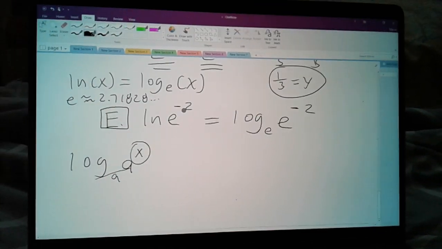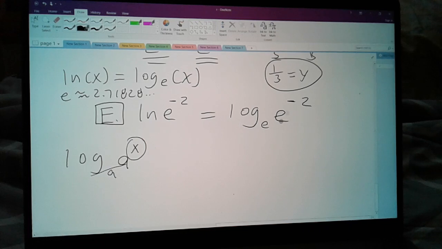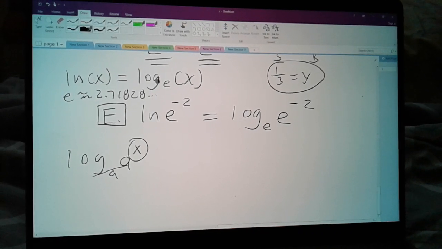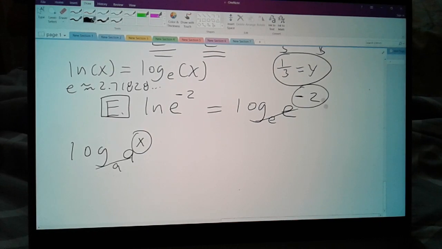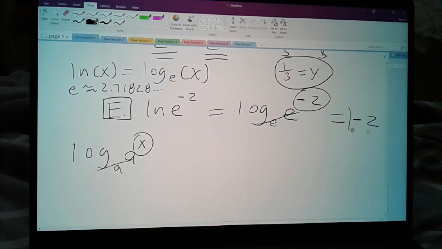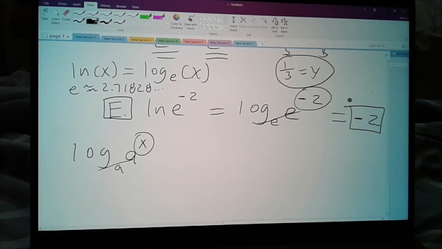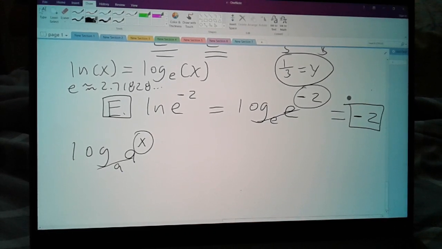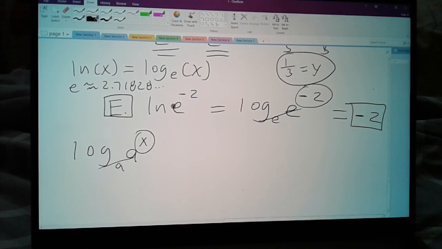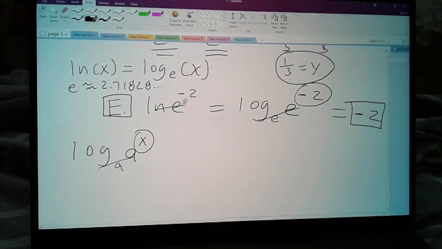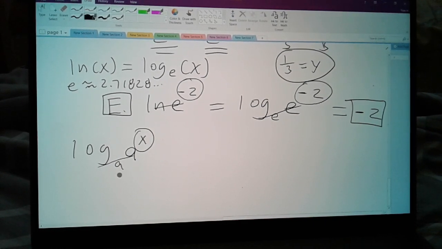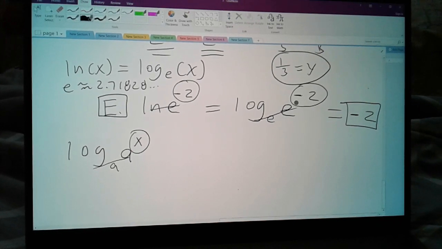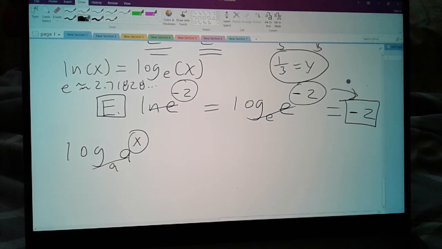So ln of e to the negative 2 is log base e of e to the negative 2. ln of x is log base e of x. So those are going to wipe out, so all I get is negative 2. Just like that. Whenever you see an ln and e together, you know they're going to wipe each other out. But this is why it actually works, because of this property. So we get this power, negative 2.